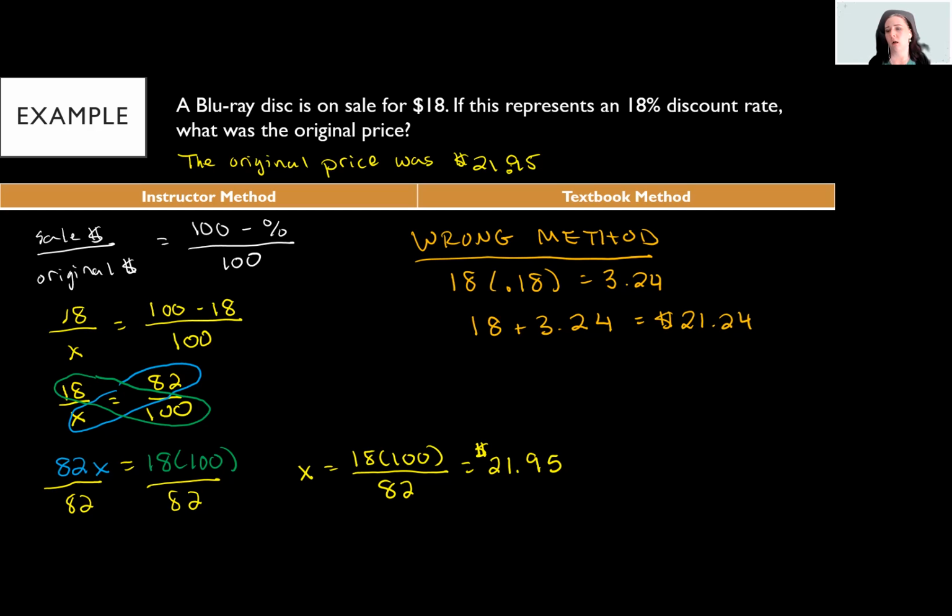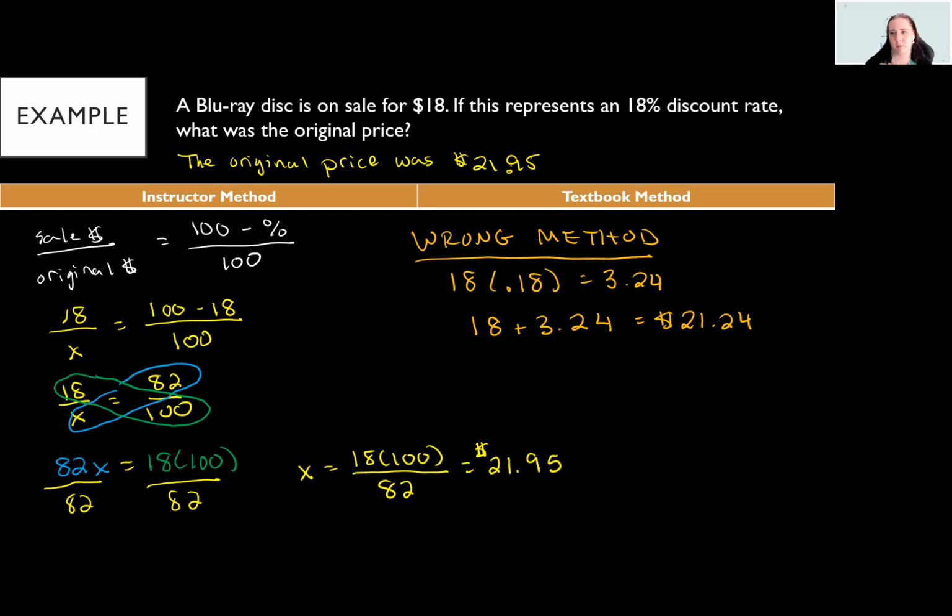So that's why I like the proportion method, because if you just stick with it and you put the numbers in the right spot, you will get the right answer every time, because you're not changing how you set up the problem. The only thing that changes is where X goes.